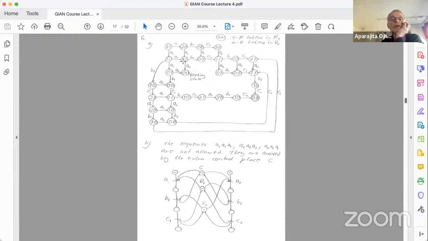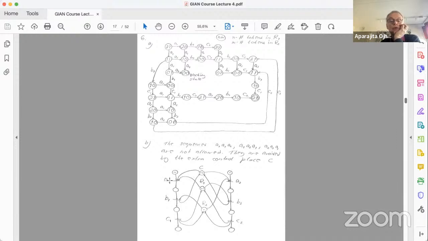For A2, or let's say when you have made A1, A2, then you have also consumed the 2 tokens here. So you have taken 1 to A1 and 1 to A2, and then nothing more can happen.